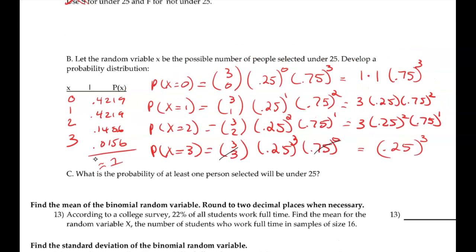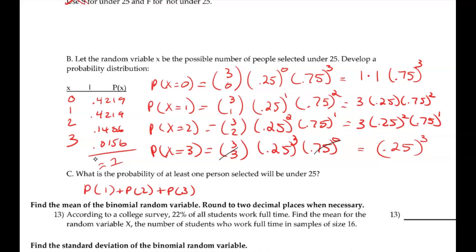What is the probability that at least one person will be under 25? At least one person will be under 25. So that means it's the probability of one person plus the probability of 2 plus the probability of all 3. Because at least one means you could have any of them.